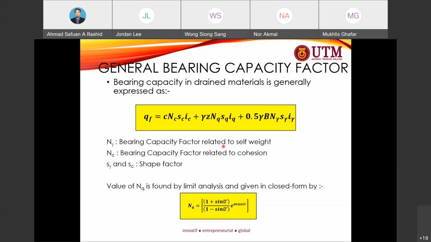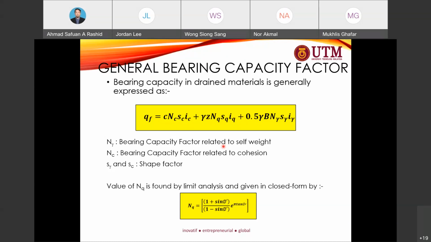Based on the convention of the British standard, we have what we call the depth factor. Here we have shape factor and inclination only, no depth factor.